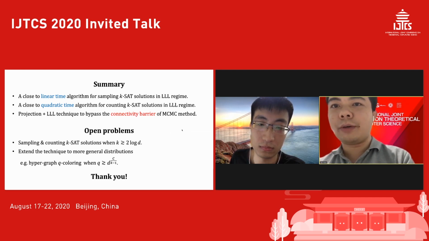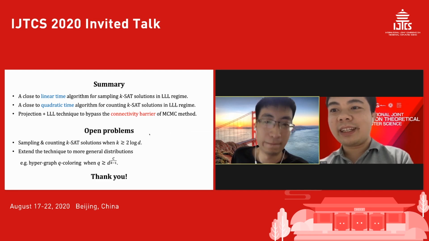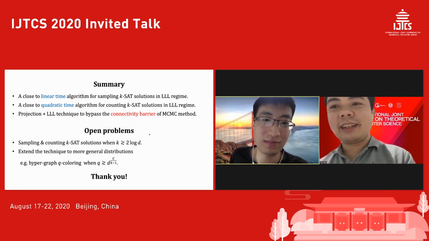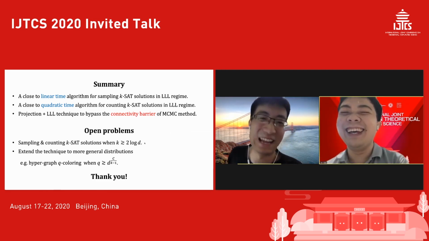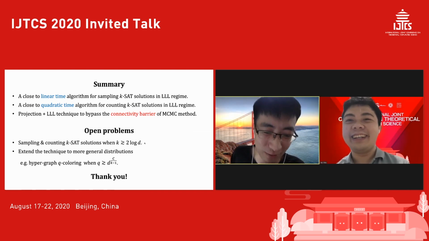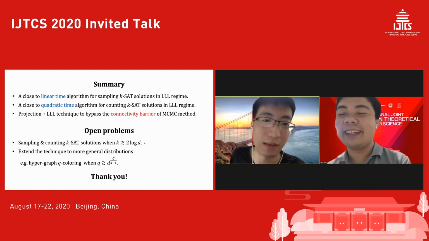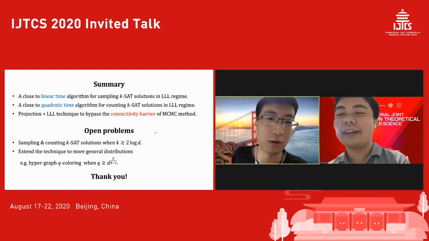Okay. The third question from the audience is that there's an epsilon to the power of minus zeta in the running time of your algorithm. What's the exponent of epsilon in previous algorithms? There are many previous algorithms. For example, with the classical Markov chain method, the dependency on epsilon is very good. It's log 1 over epsilon.